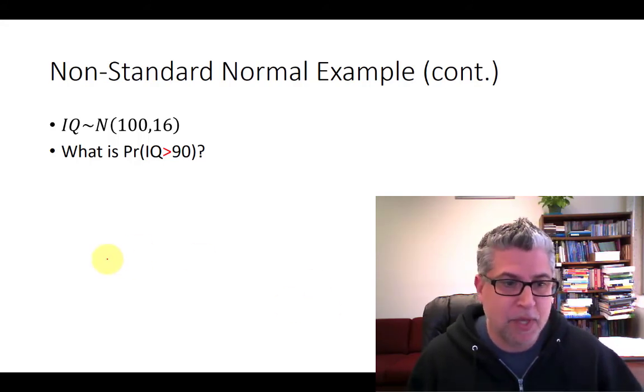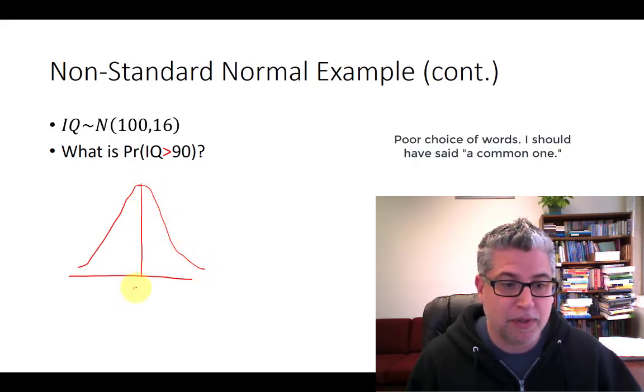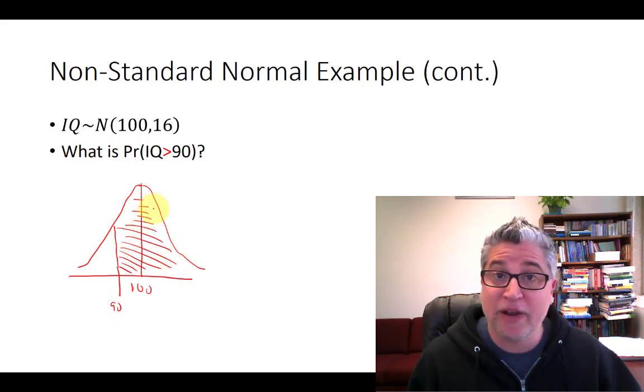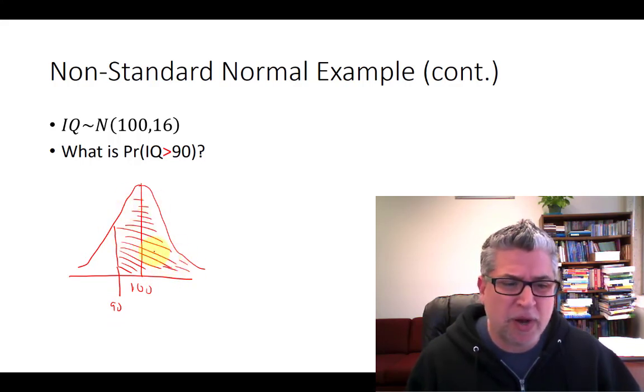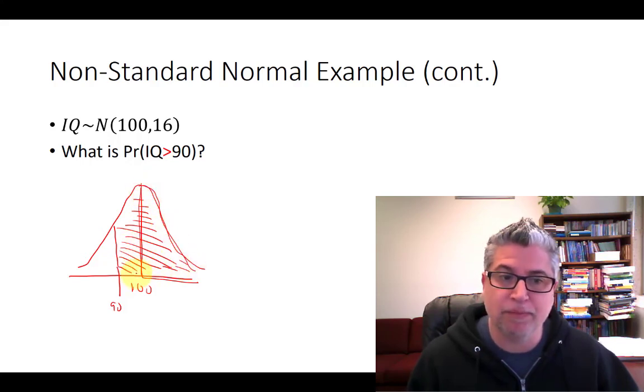Got my pen. So we've got a normally distributed variable, IQ. Its mean is 100, and we want to know what's the probability of greater than 90. So I know I want to get a number bigger than 50% because just this part here is 50%, and I've got a little bit more.